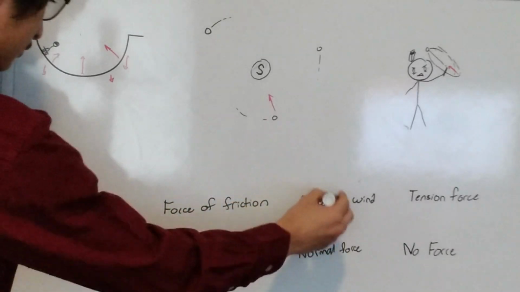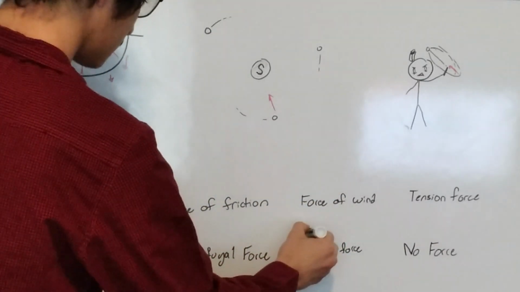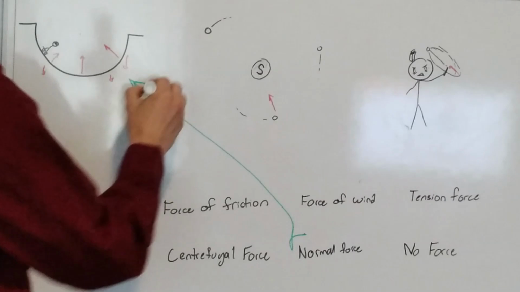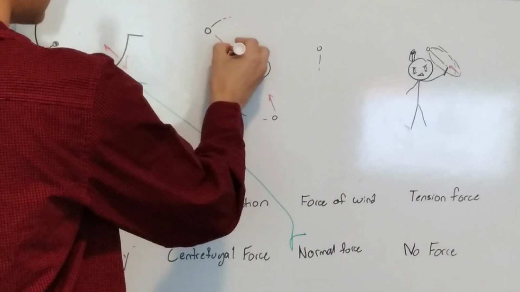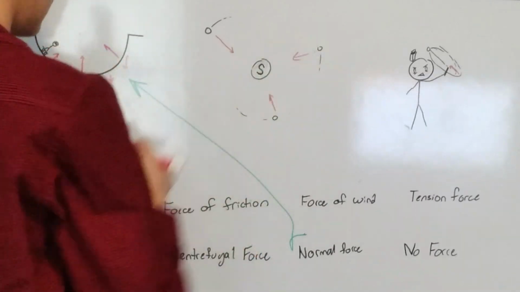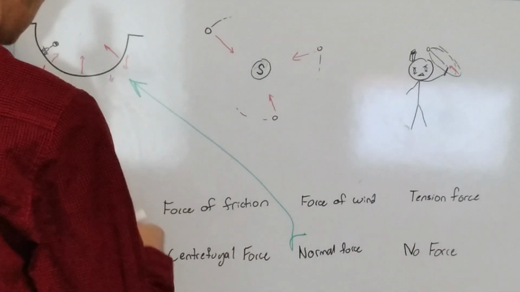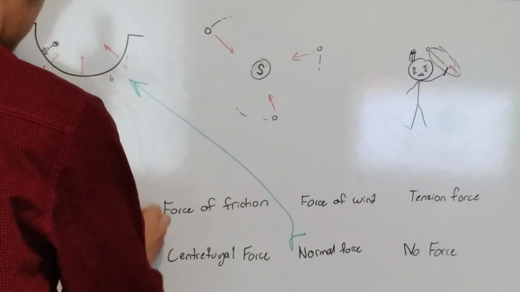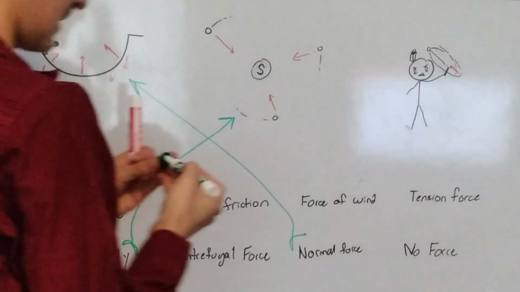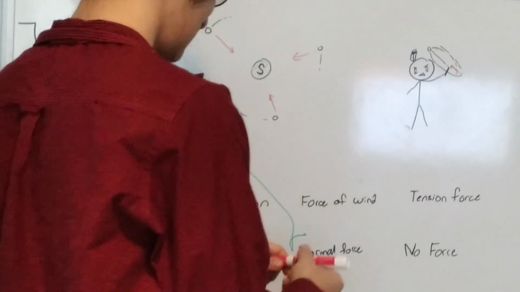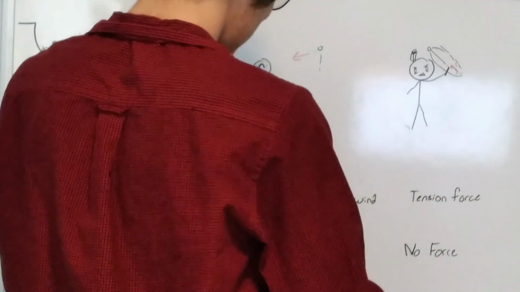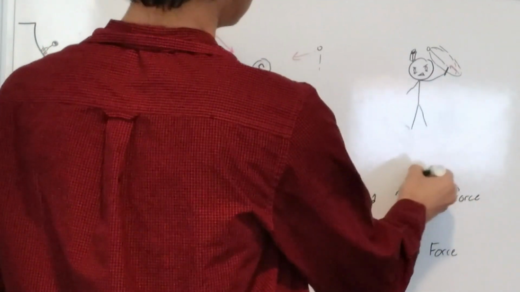So normal force would go here. In this case here, all forces act inward. That's just the force of gravity. And just like in the example with the Dr. Pepper, this is just the tension of the string.